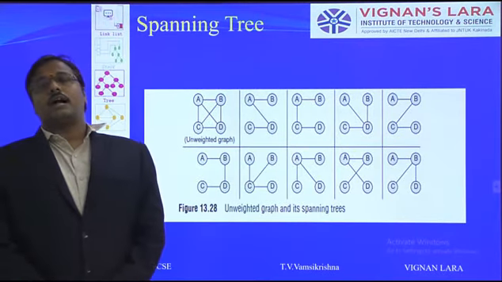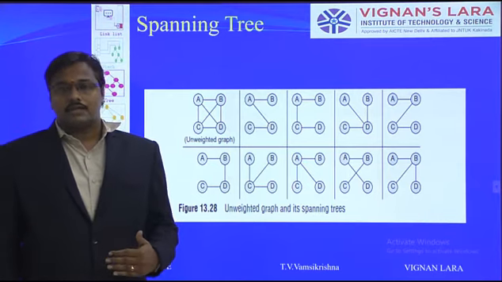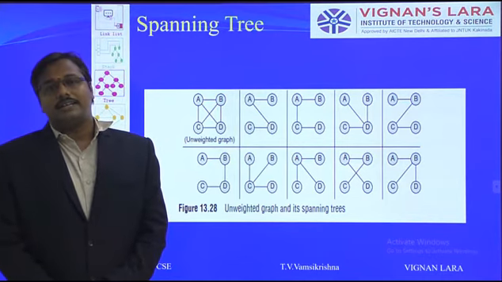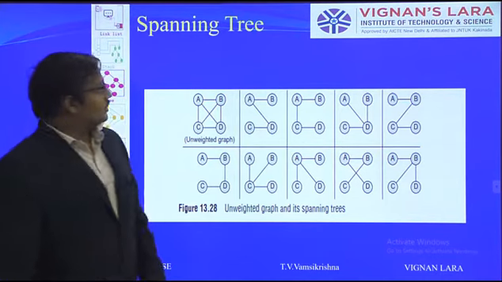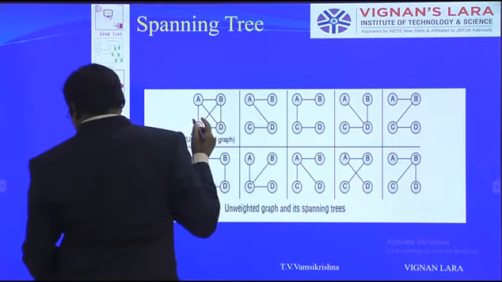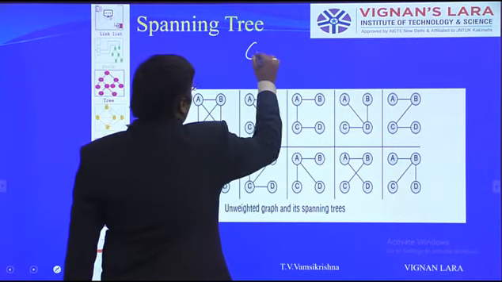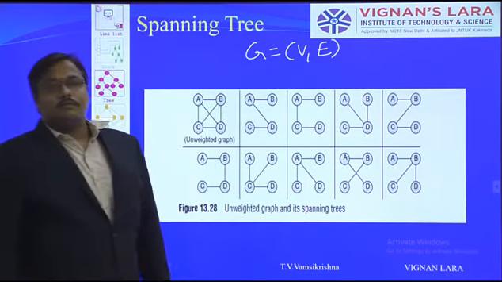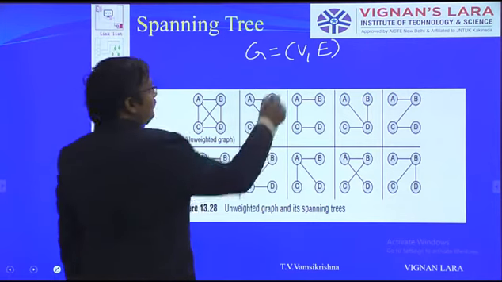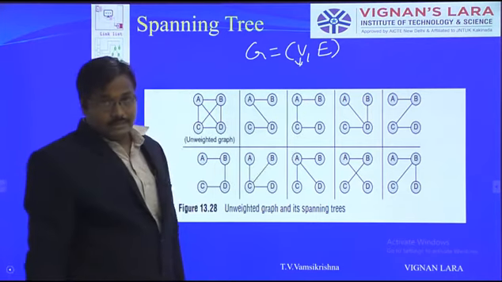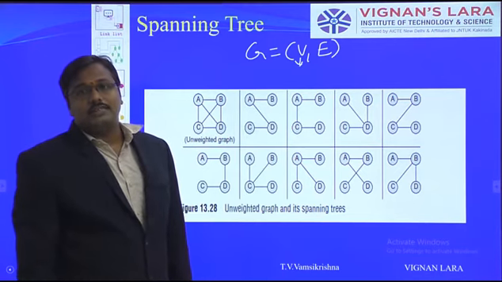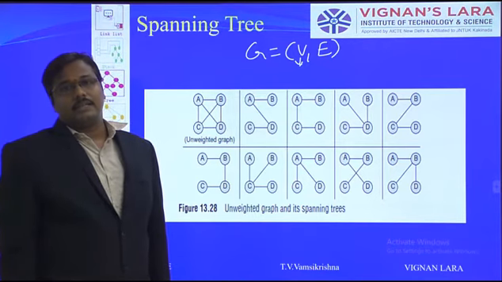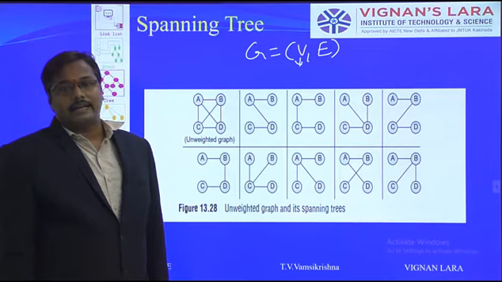Before we start with the spanning tree, let us first recall the definition of a graph. A graph can be defined mathematically as G = (V, E), where V refers to the set of vertices and E refers to the set of edges.